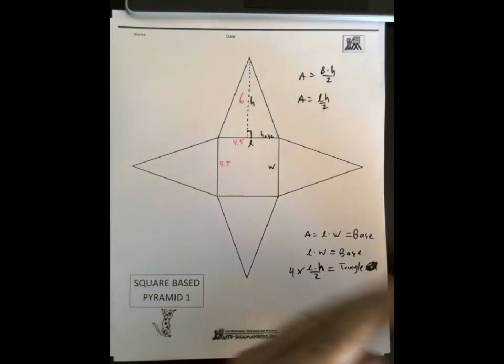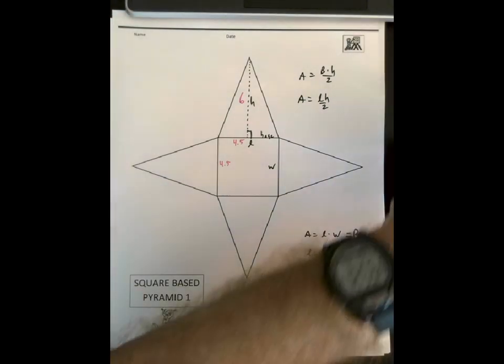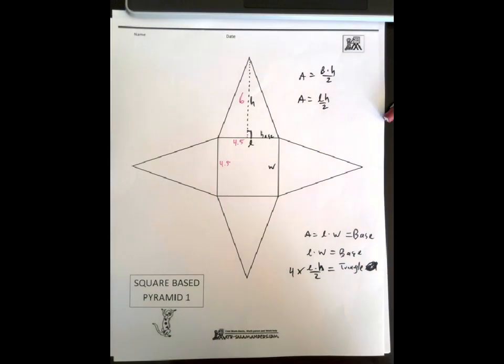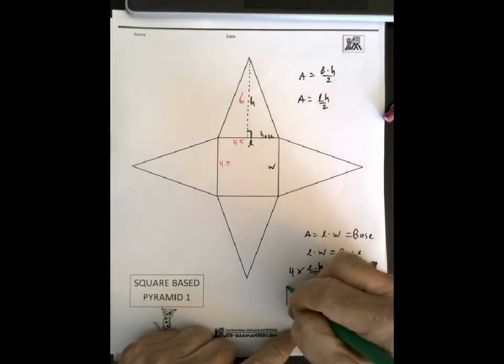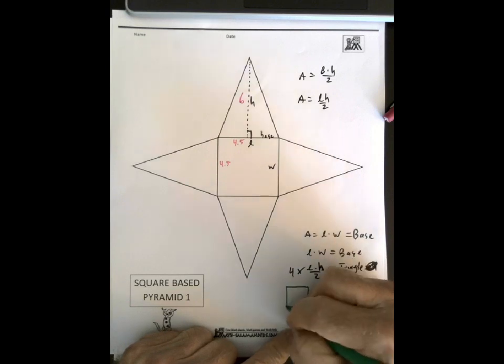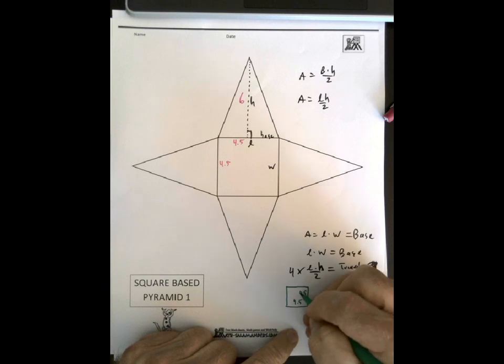So let's see here. The area of the base, that's this piece right here, which is 4.5 times 4.5.